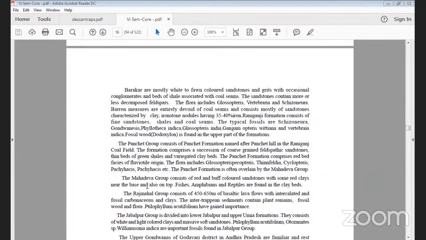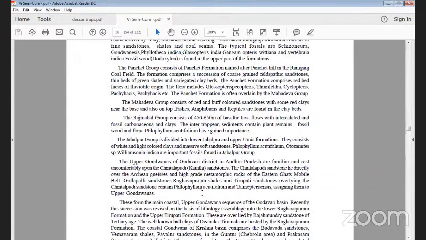The Mahadeva group consists of red and buff colored sandstone with some red clays near the base and also on top. Fishes, amphibians, and reptiles are found in the clay beds. And again, we see the Rajmahal group.